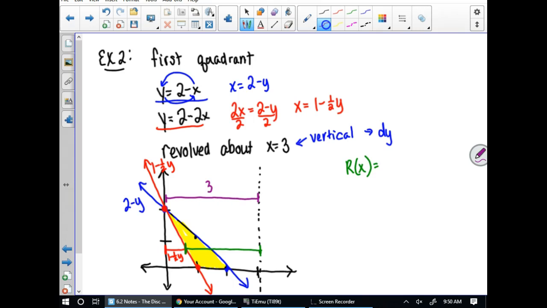So for that green value, I could take 3 and subtract 1 minus 1/2 y, and that's going to give me that green distance. So we'll have 3 minus (1 minus 1/2 y), which you probably want to simplify. So you're going to have 3 minus 1 plus 1/2 y, so you'll get your R of x equals 2 plus 1/2 y.